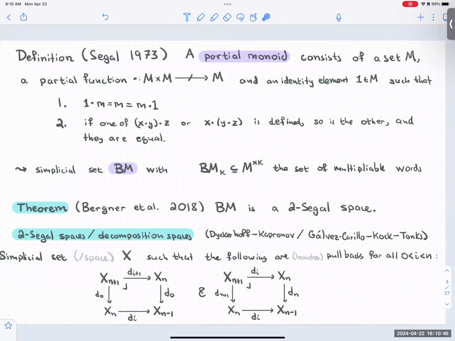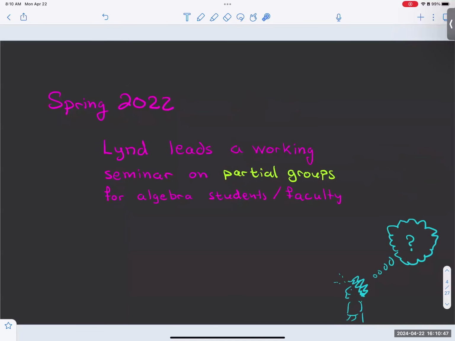And over here at UL Lafayette in spring 2022, my collaborator Justin was giving a working seminar for the grad students and other faculty in algebra, which was all about this notion of partial groups.